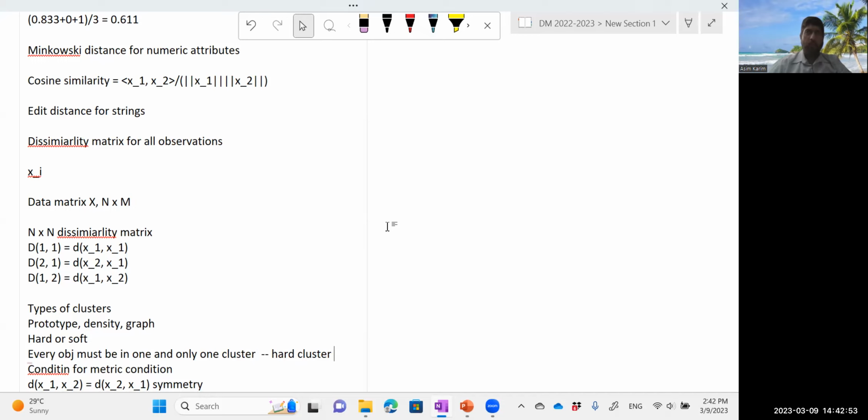And of course, if you can allow clusters to be in multiple objects to be in multiple clusters, that would be soft clustering.